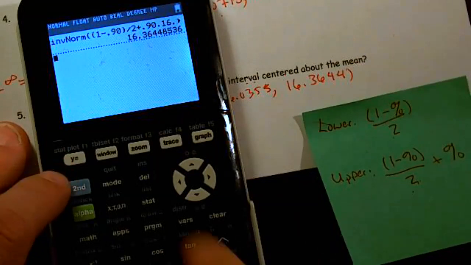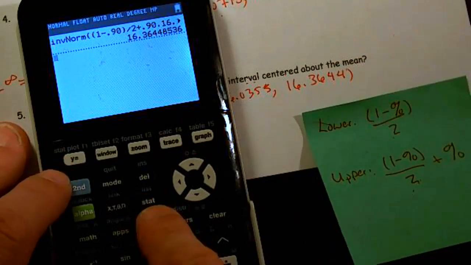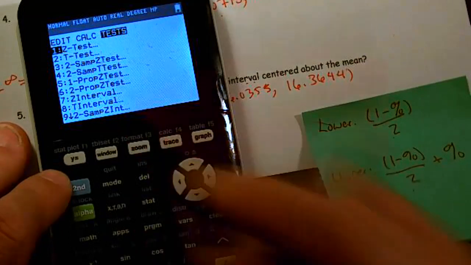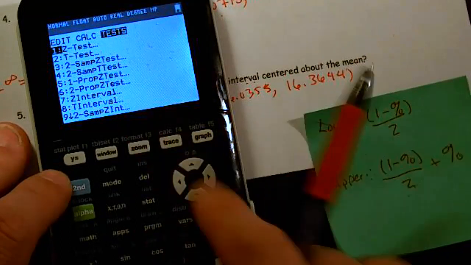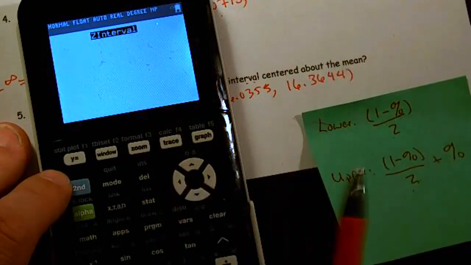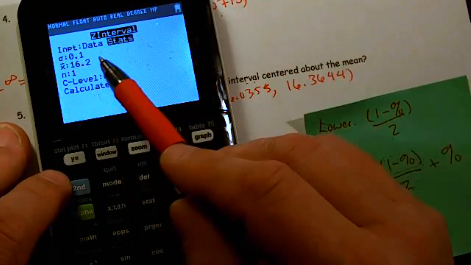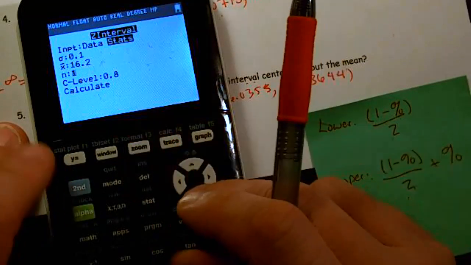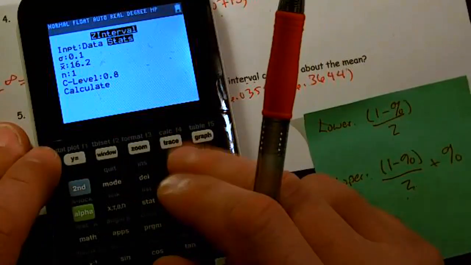All right, so lastly, we'll do it the quick way. Stat test number 7, which is Z interval. Standard deviation is 0.1, mean is 16.2. They didn't tell me the sample size, so I used 1.